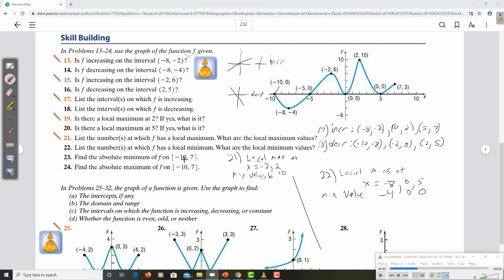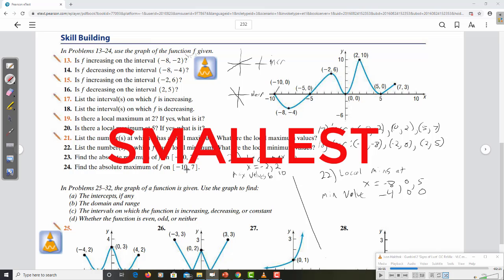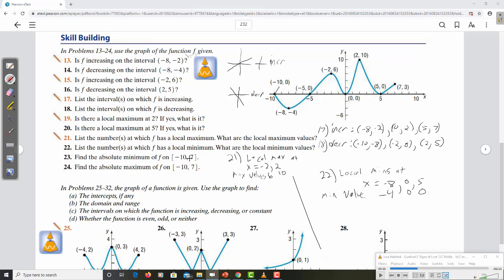Then we have our absolute minimum and maximum. So for the absolute maximum, it is the largest value of the function on its domain. And they actually specify where the domain is, -10 to 7, which is just this.